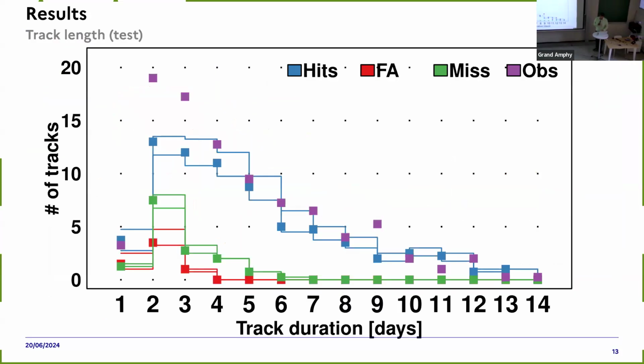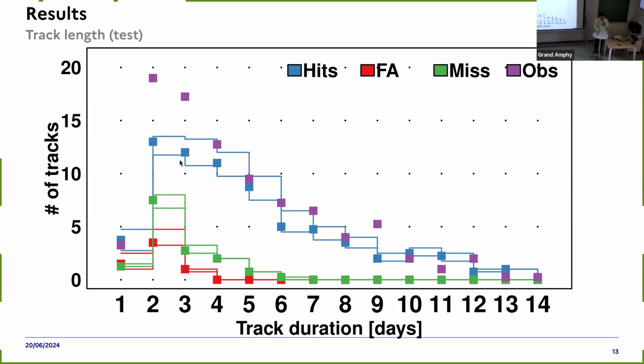And it's a histogram of the track durations. So it is the duration in the observation in IBTrACS tracks, and what I've reconstructed: the hits are in blue, and green and red are the missed ones and the false ones.